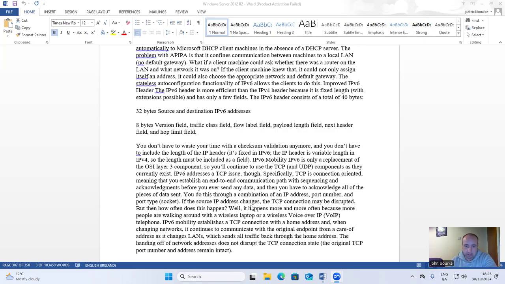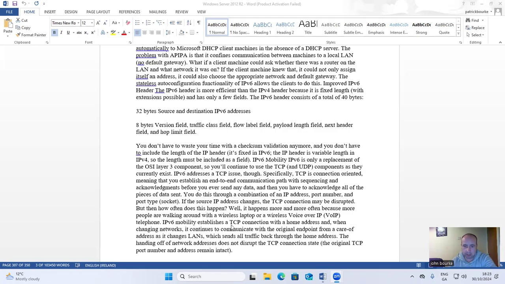If the source IP address changes, the TCP connection may be disrupted, but then how often does this happen? Well, it happens more and more often because more people are walking around with a wireless laptop or a wireless voice over IP (VoIP) telephone.